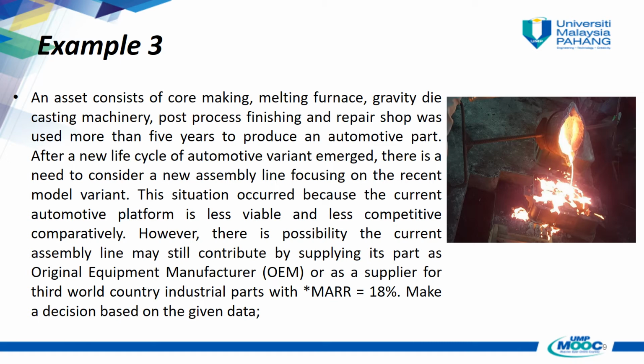This situation occurs because the current automotive platform is less viable and less competitive comparatively. However, there is a possibility the current assembly line may still contribute by supplying its parts as original equipment manufacturer (OEM) or as a supplier for third country industrial parts, with MARR of 18%. So make a decision based on the given data.